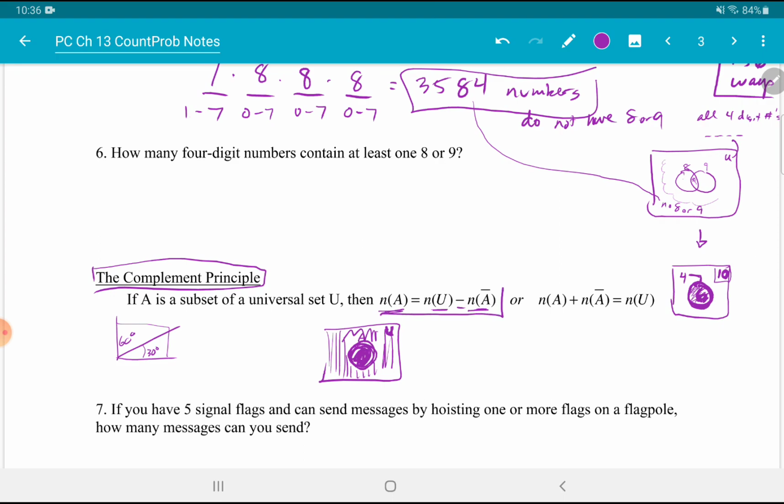Similarly, we're going to use this formula and apply it to number 6. I'm sorry if that was a little bit of a long roundabout way to get to number 6 here.